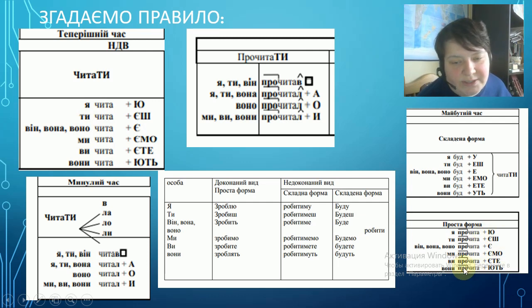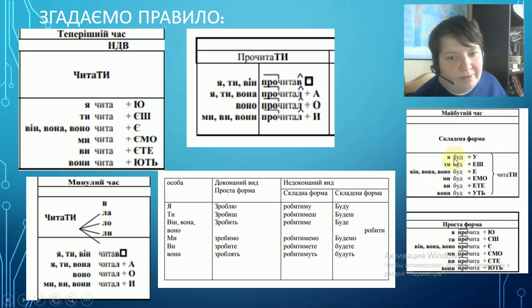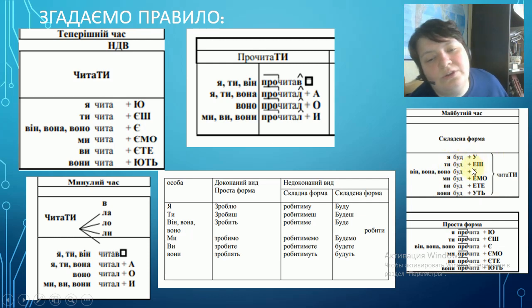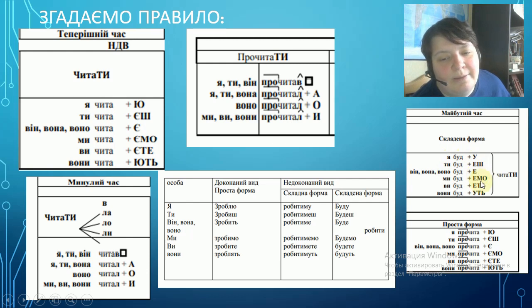So here was the simple form, and here is the compound form. We use бути, to be, to form this form. Я буду, ти будеш, він, воно, вона буде, ми будемо, ви будете, вони будуть читати.